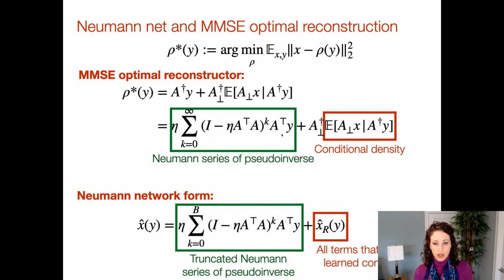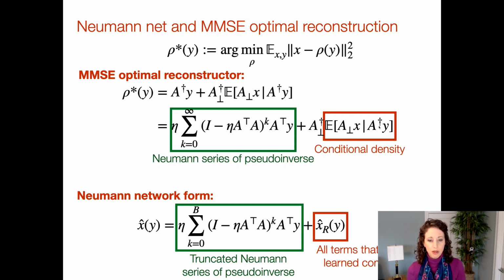One that corresponds to a pseudo-inverse of A times Y, which I've expanded using a Neumann series, plus another term that depends on the conditional density. So in the context of inpainting, again, this would correspond to the expected value of the missing pixels conditioned on the values of the observed pixels.